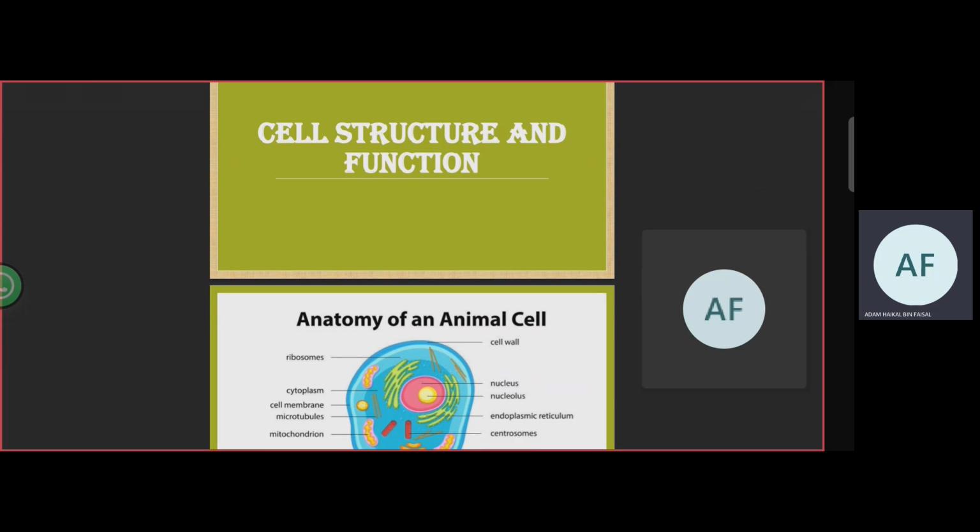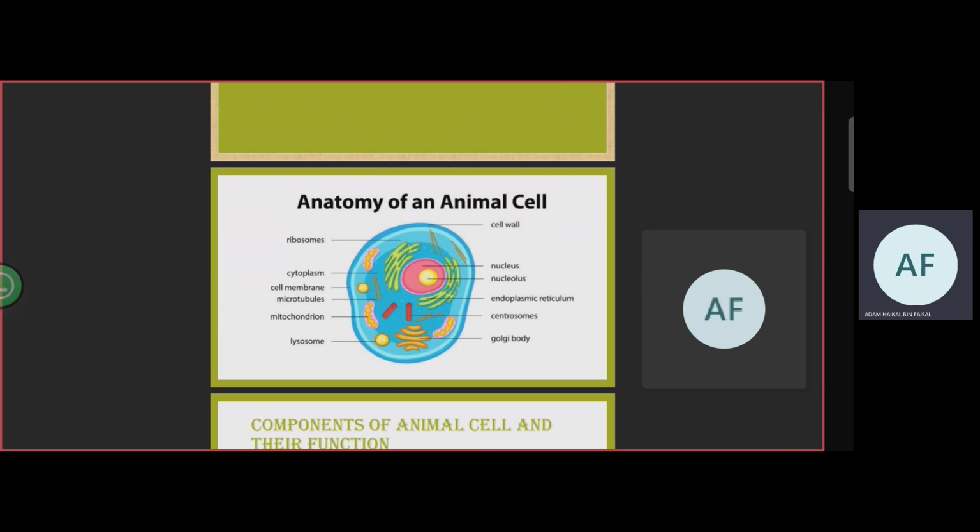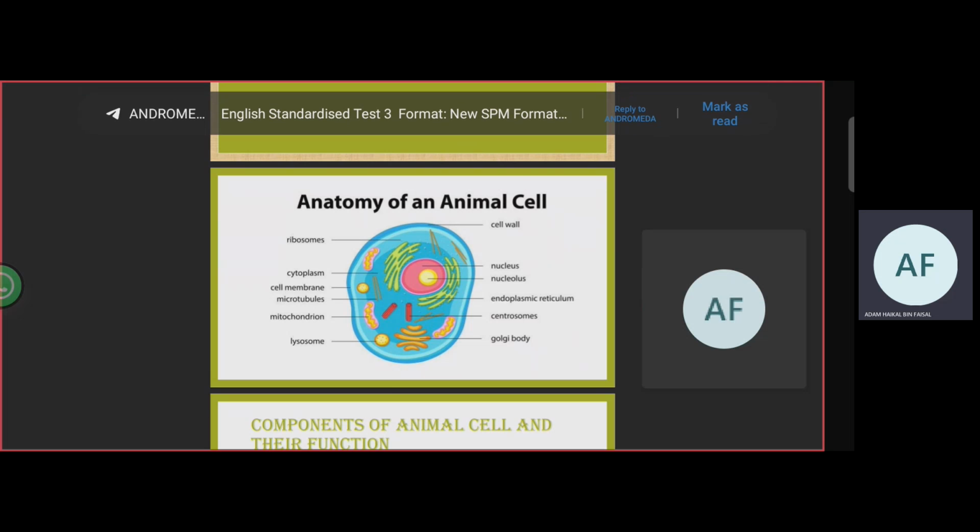Today I will explain the cell structure and function of animal and plant cells. First, I will talk about the anatomy of an animal cell, and how to identify an animal cell.